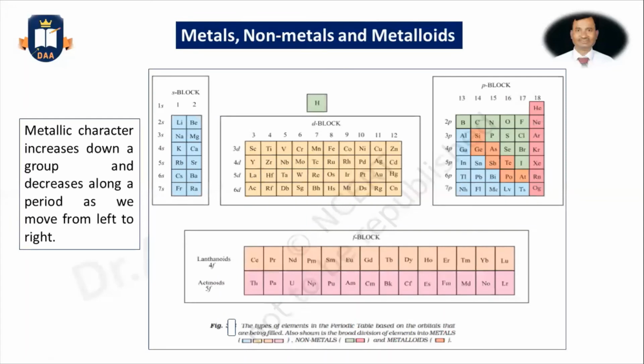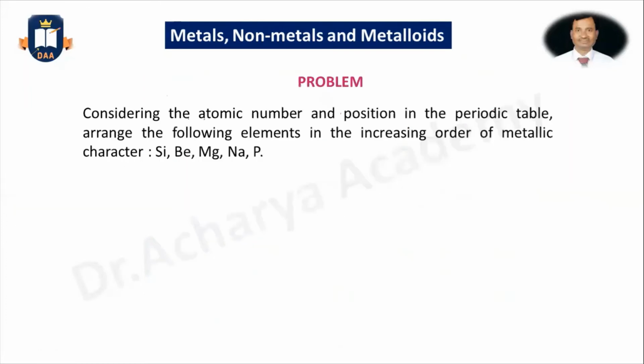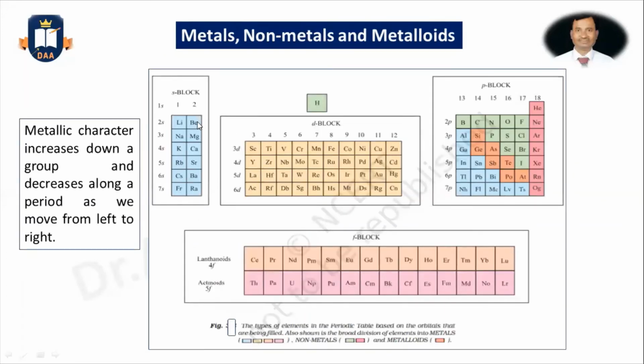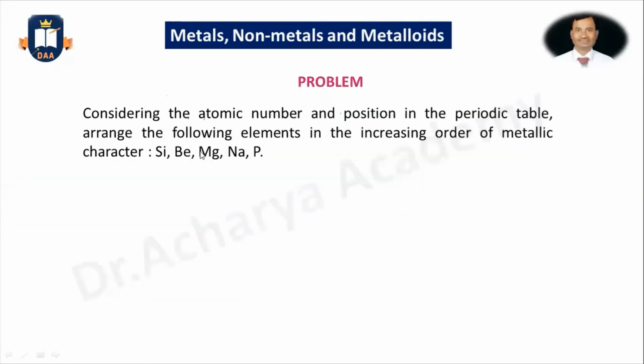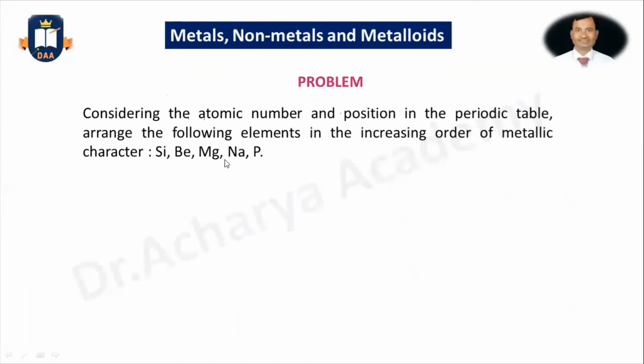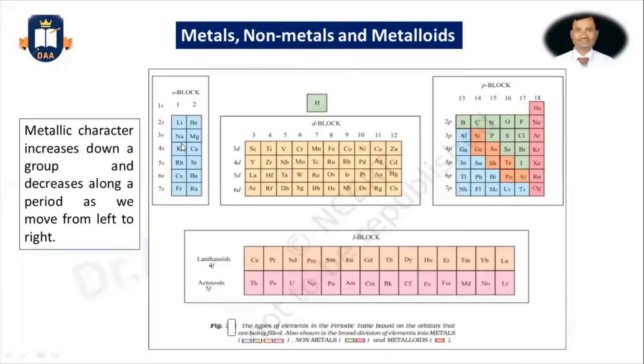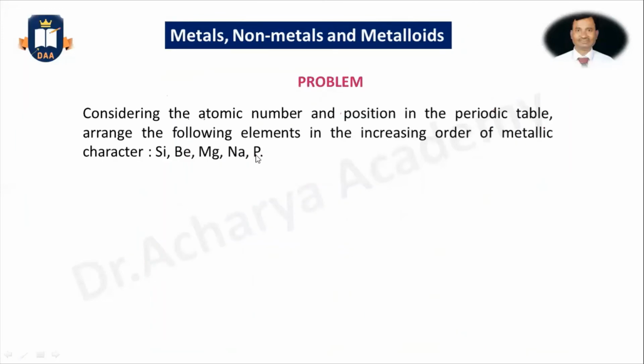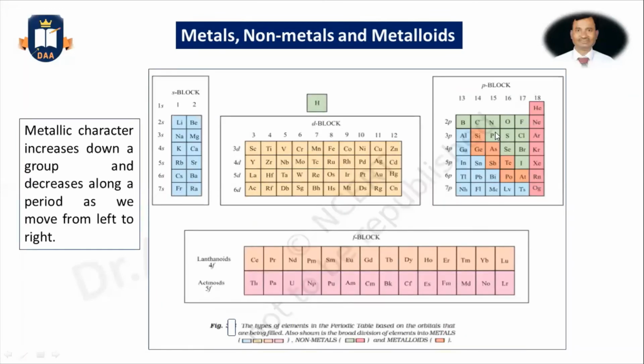This is silicon. This is beryllium. Then magnesium, obviously in the second group, this is magnesium. Sodium, group 1, this is sodium. And phosphorus, you can see here.